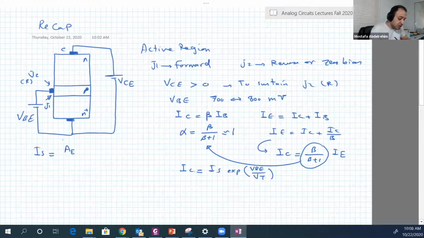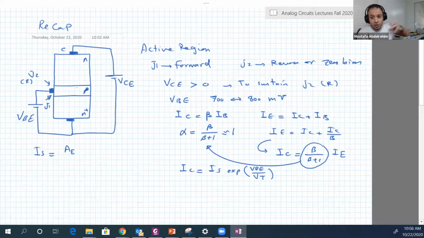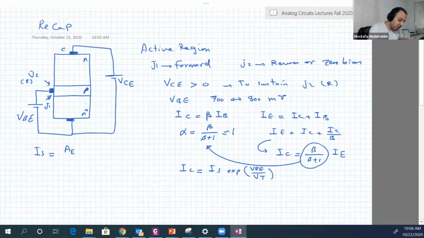So the structural geometry of the transistor might be different between the emitter and the collector, and we see there is also a difference in the doping, so it might be anticipated that the geometry is different.